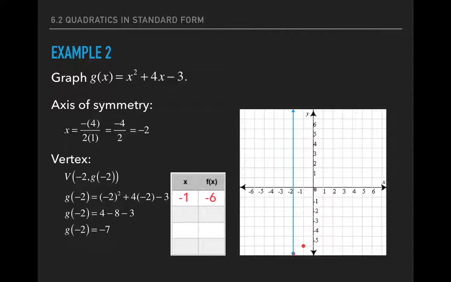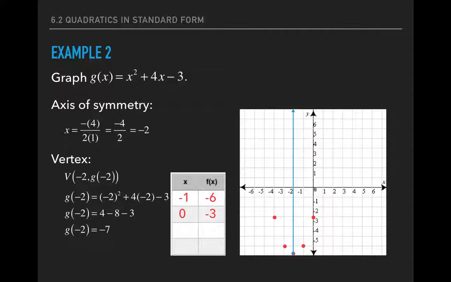And reflect it. Then if you go over another, it would be up 3 times your a value, so 1, 2, 3. Well, that point is 0, negative 3. We can plot that and reflect it on the other side.